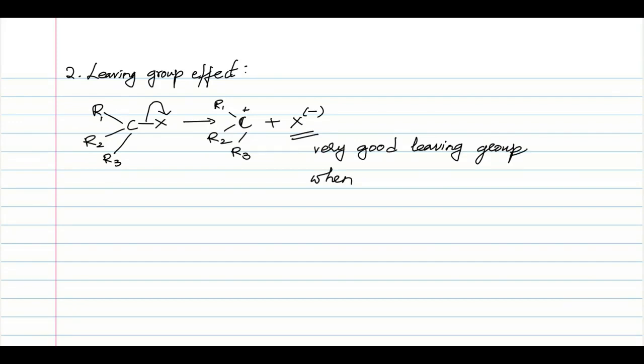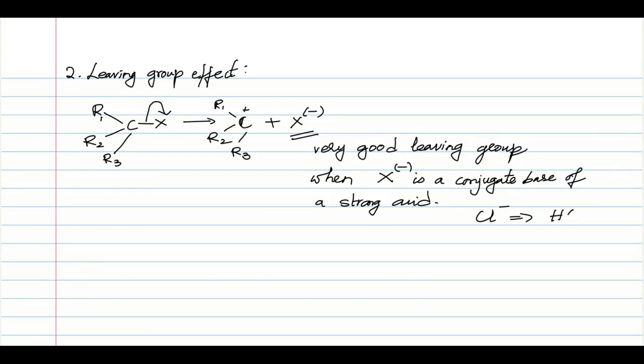And this is possible when X minus is the conjugate base of a strong acid. So when X is, for example, Cl minus, Cl minus is the conjugate base of a strong acid.